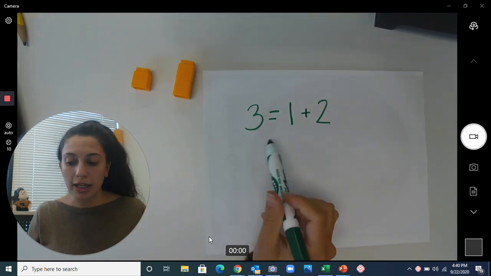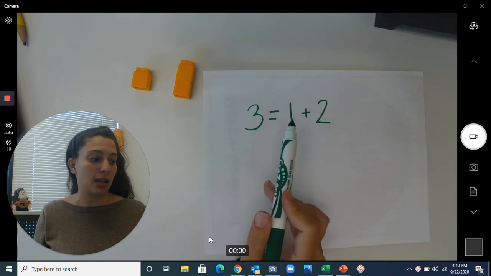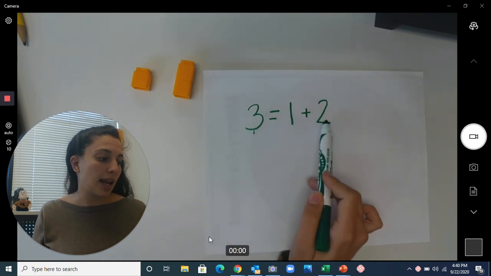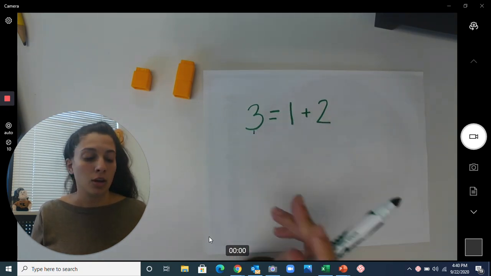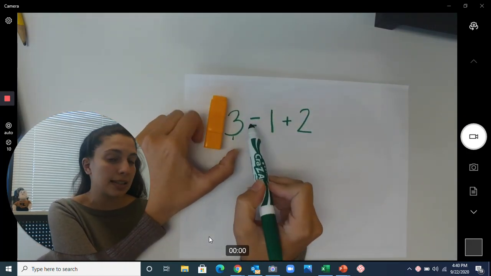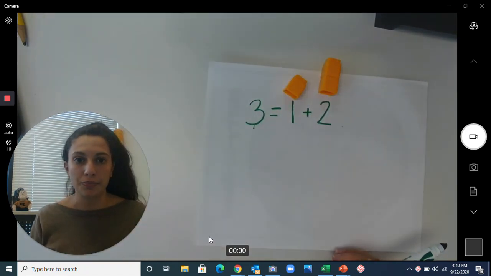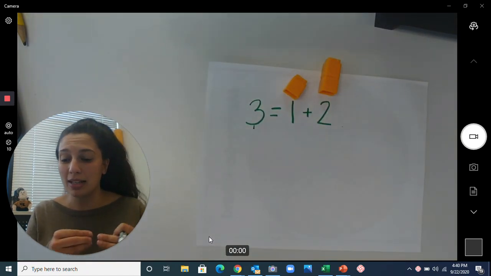So when I'm looking at this, it is called a number sentence. It's telling me what I started with and then how I broke it down. So I had my 3, and that's the same as having a tower of 1 and a tower of 2. So that's what my number sentence means.